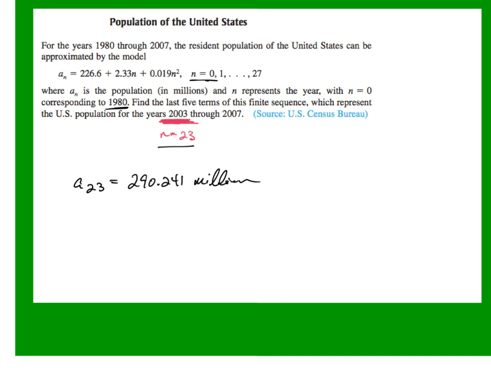All right, I want to do another one from your homework before you even start homework. All right, so we're going to have 3 minus 9 plus 27 minus 81 plus 243 minus 729. And we're going to be asked to put this in summation notation.